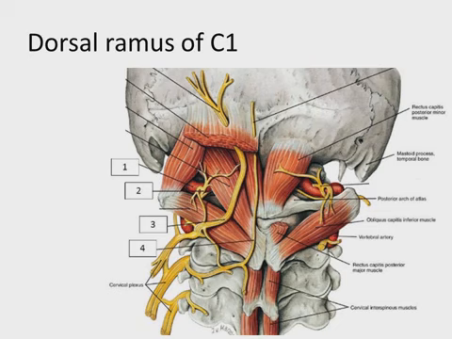We can see that the dorsal ramus of C1 emerges between the posterior arch of the atlas and the vertebral artery, and soon breaks up into branches which supply the suboccipital muscles and the semispinalis capitis muscle. The nerve to the inferior oblique gives off a communicating branch to the greater occipital nerve.